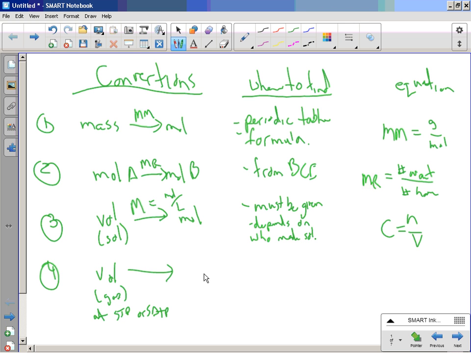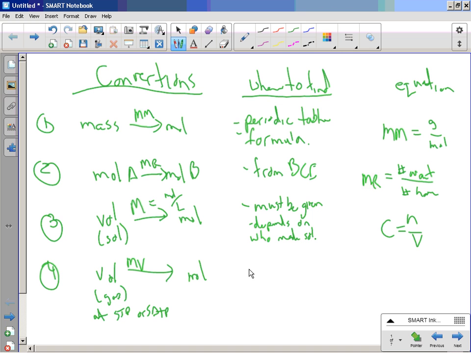And if I want to go from the volume of a gas at STP or SATP and convert it into moles, well, I'm hoping this is fresh in our minds. Yesterday fresh. What conversion factor converts volume of a gas to moles if it's at those special temperature and pressures? Molar volume. MV, molar volume.